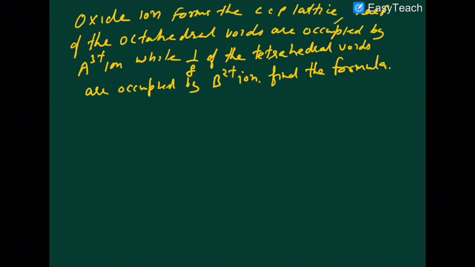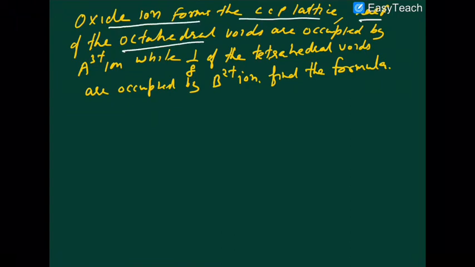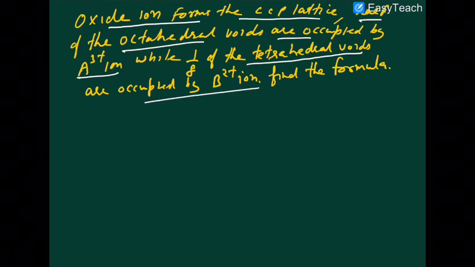Now look at one more question. Here the oxide forms the CCP lattice. Half of the octahedral voids are occupied by A3+ ion, while 1/8 of the tetrahedral voids are occupied by B2+ ion. What is the formula in this case? Now the CCP lattice has N atoms.